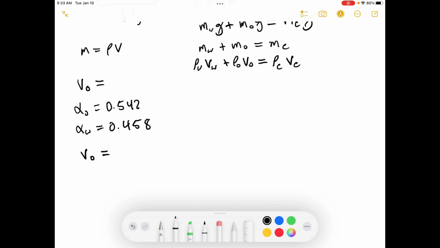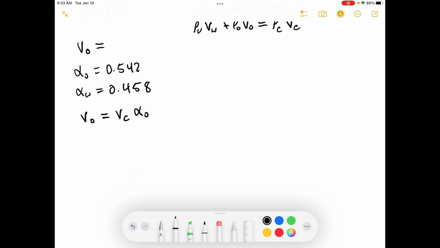Okay, we know that the volume of the oil displaced equals the volume of the carbon times the volume fraction of oil, because that was given to us in the problem. And we know that the volume of water displaced is equal to the volume of the carbon times the volume fraction of the water.